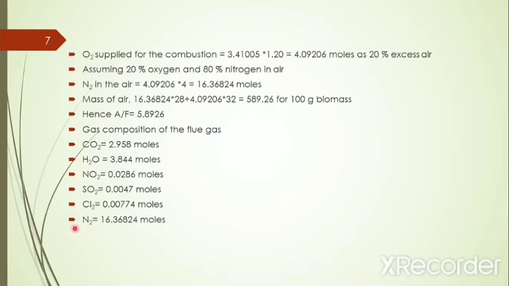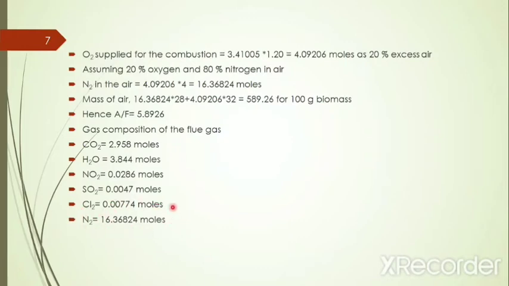But we have to add nitrogen. In the previous equation we considered only oxygen, not air, but in the actual case it is air, so nitrogen will also be present. We assume the nitrogen in air is inert, and that is almost correct, because nitrogen in air reacts with oxygen only at very high temperatures, more than 1500 degrees. So that assumption will be mostly correct, and the nitrogen will be present as such in the flue gas.